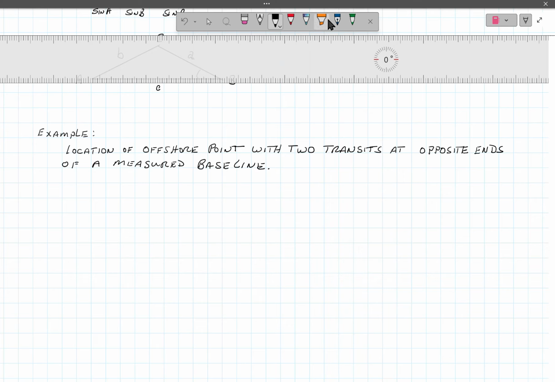Okay, so it's a very general statement. We'll get a little more specific as I draw the details here in a minute. But location of an offshore point with two transits at an opposite end of a measured baseline.